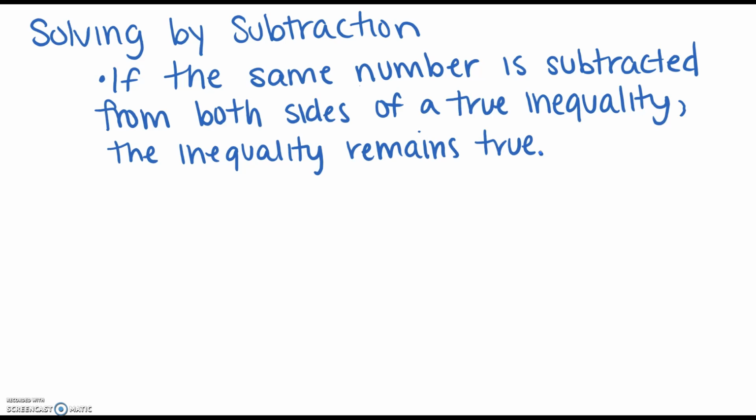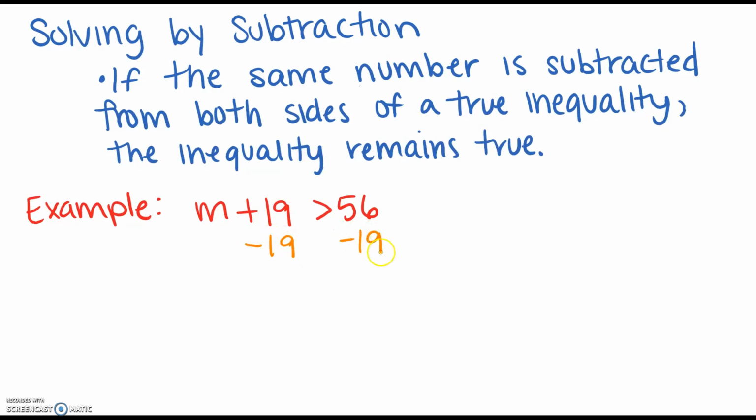Okay, so let's look at some examples. Our first example here is m plus 19 is greater than 56. To solve this, we simply need to subtract, the inverse operation of adding. So we will subtract 19 from both sides of our inequality. When we do that, we're left with m is greater than 37.